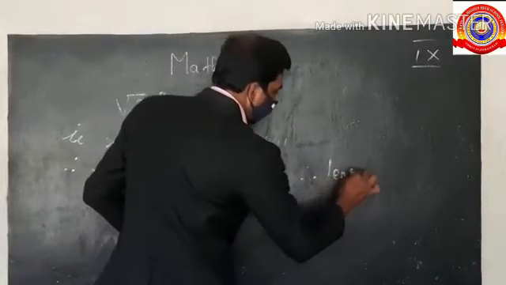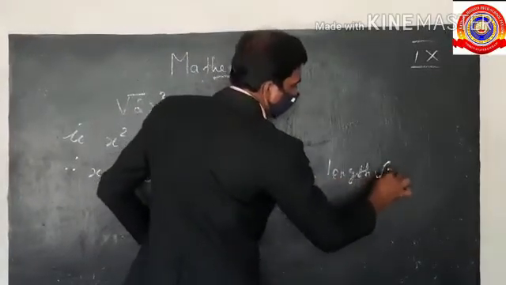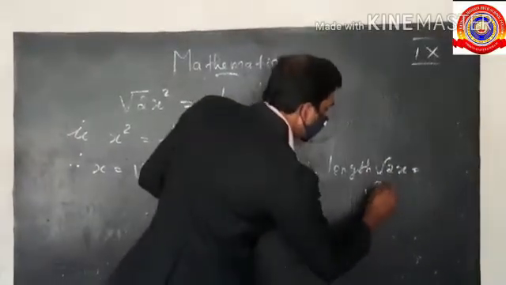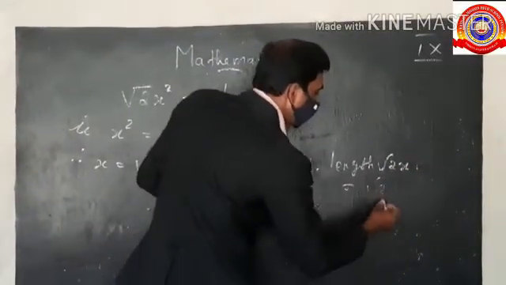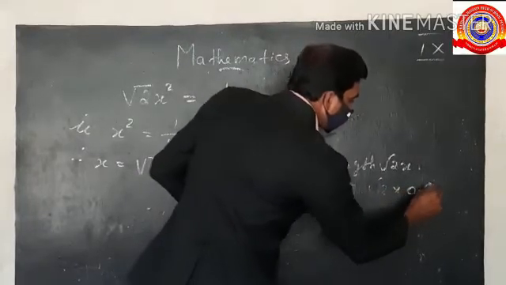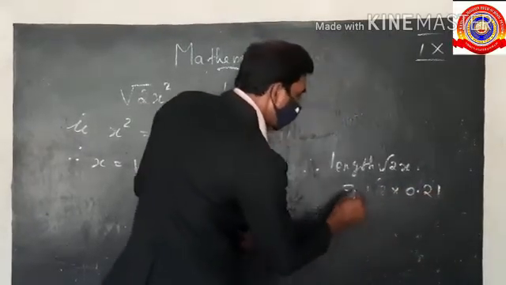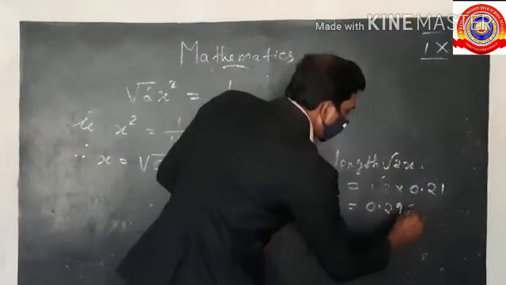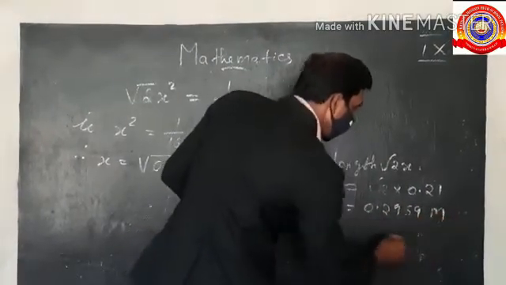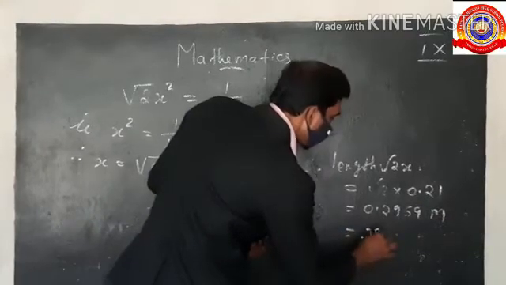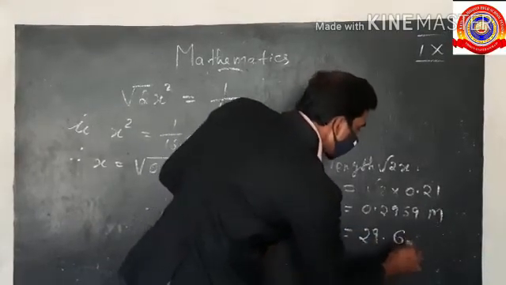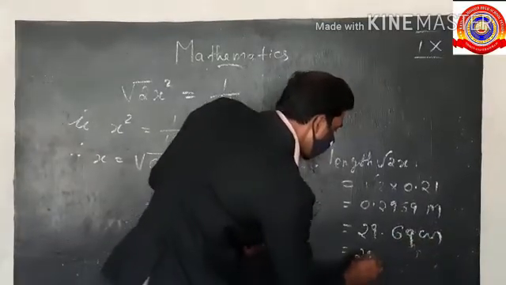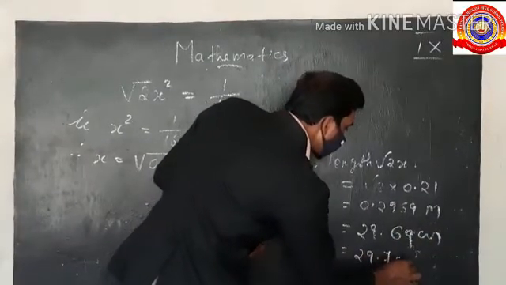Therefore, length is equal to √2x is equal to square root of 2 into 0.21, which is equal to 0.2969 meter is equal to 29.669 centimeter, which is equal to 29.7 centimeter.